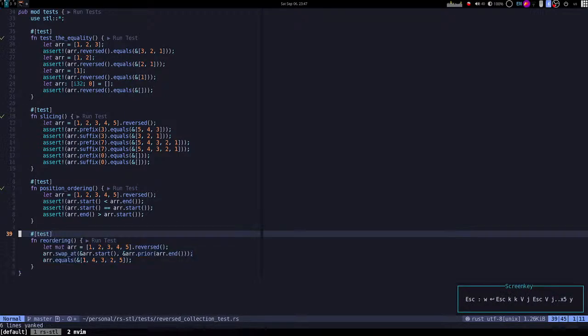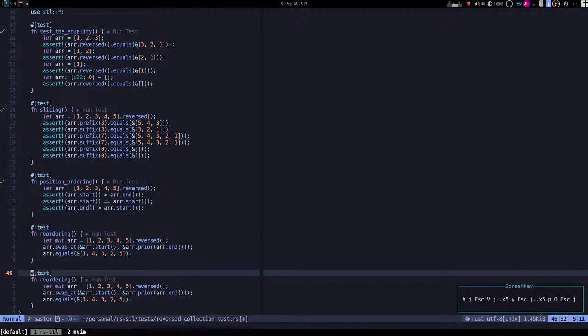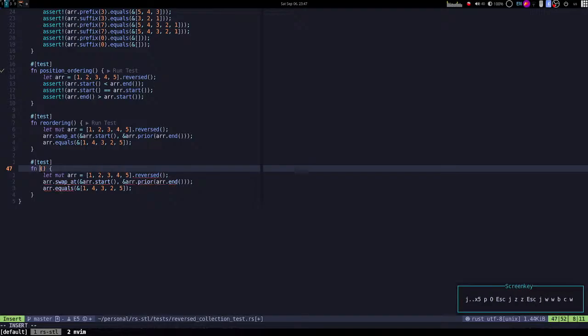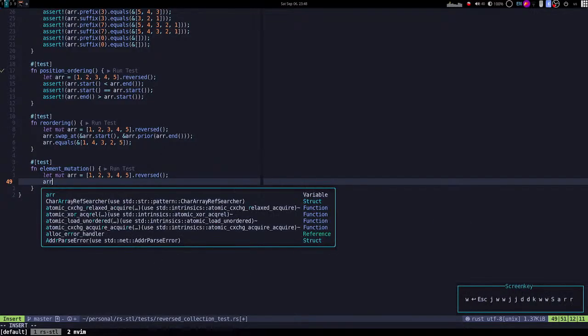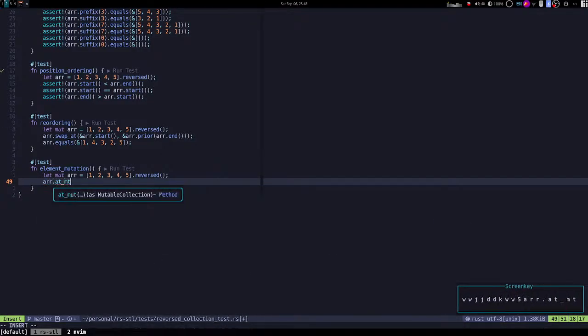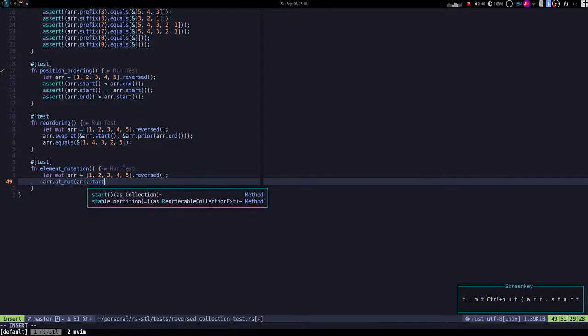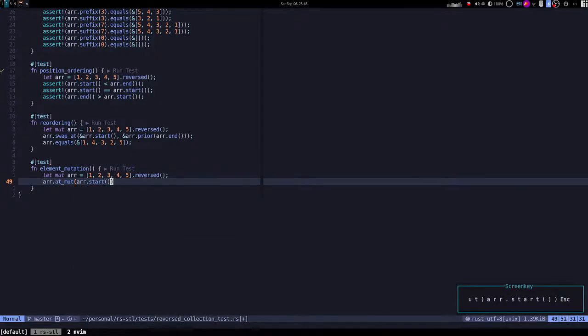That is something I did not test. And what did I not test more? I guess element mutation, right? So arr dot at mute, arr dot start is basically 3, right?